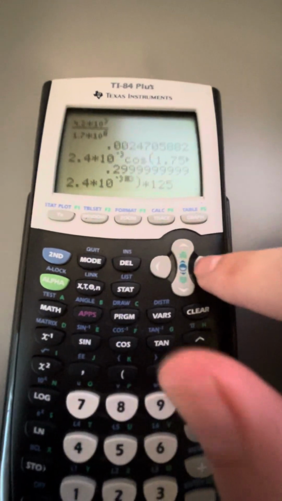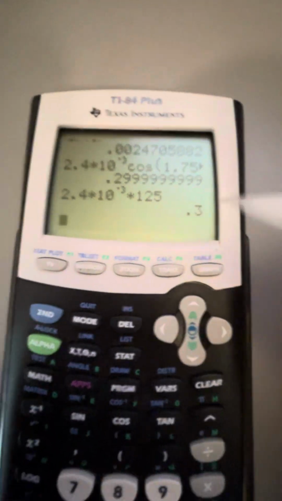There we go. So we just want the 0.3, which is still going to be multiplied by the cosine since we don't have t yet. So it's going to be 0.3 volts multiplied by cosine of 1.75 times 10 to the third t. Yes, that is the expression.